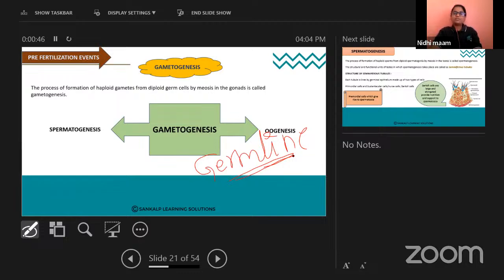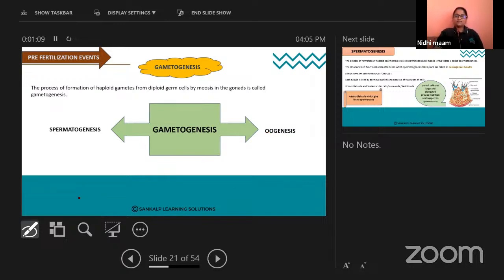These germinal cells will undergo meiotic division and form germ cells or sex cells. These sex cells are termed gametes, right? The gametes will be haploid in nature.